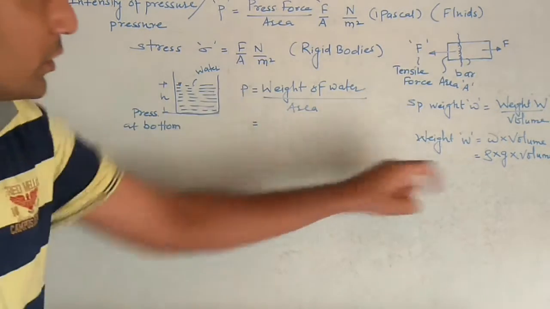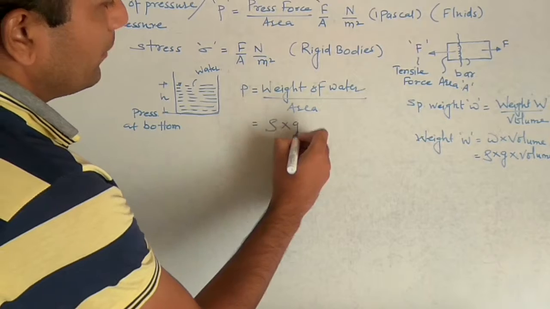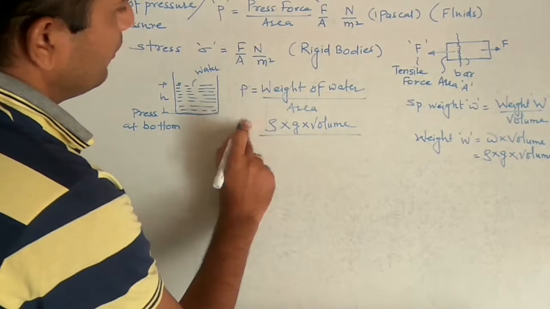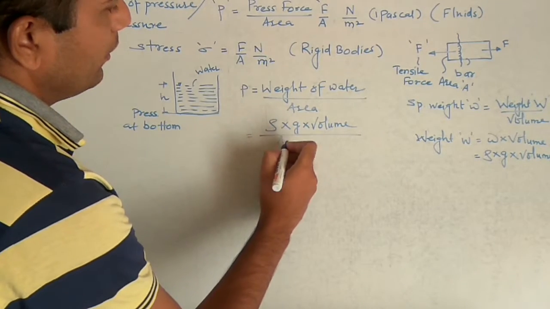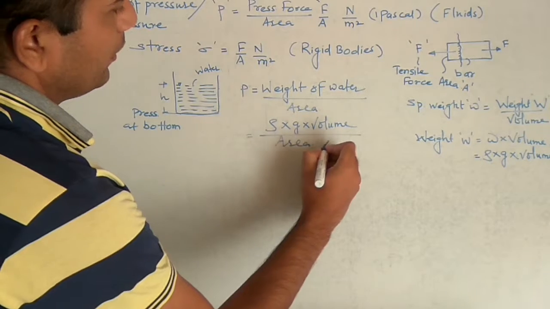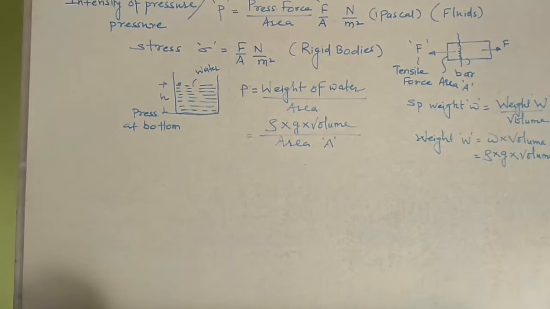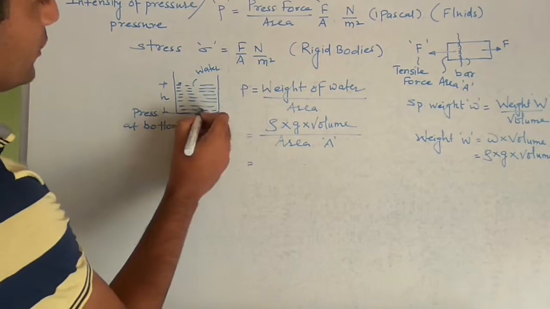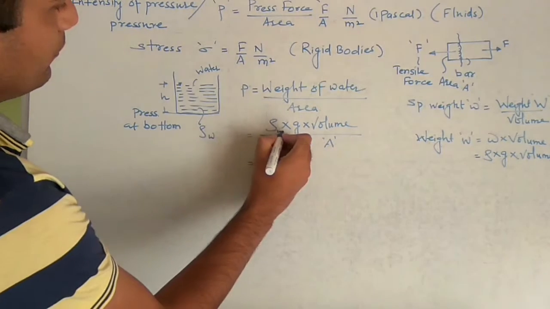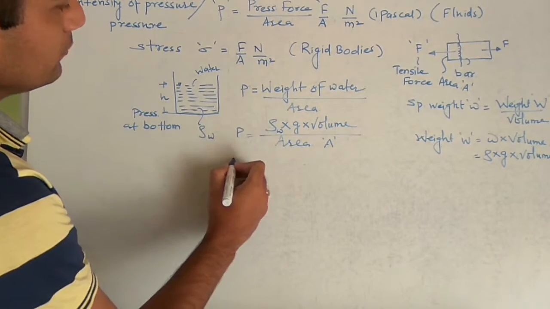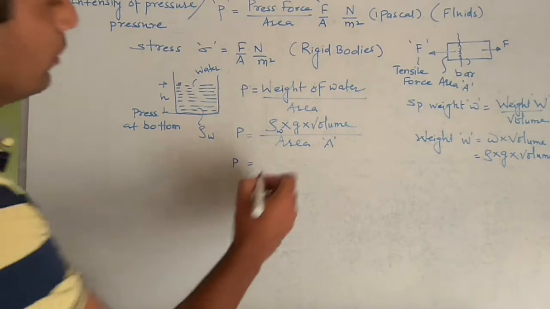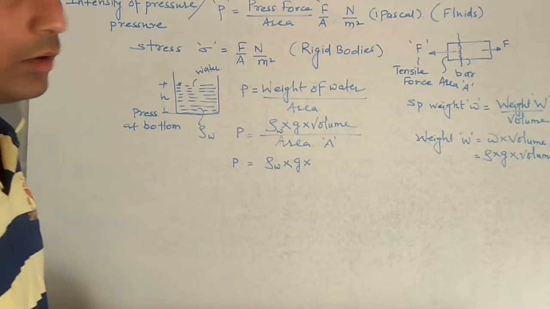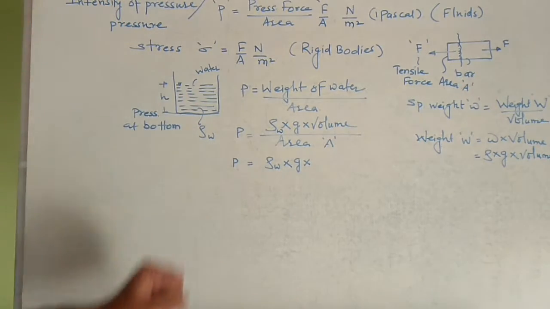Now weight of water is what? Rho multiplied by g multiplied by volume, divided by the area A. So this density is nothing but the density of water. So we can say that rho multiplied by g multiplied by volume. How to calculate the volume of water that is in container?